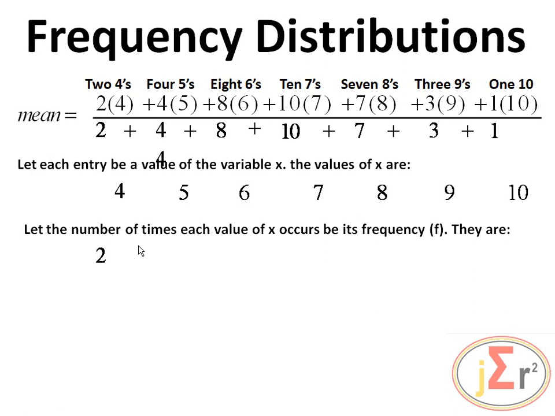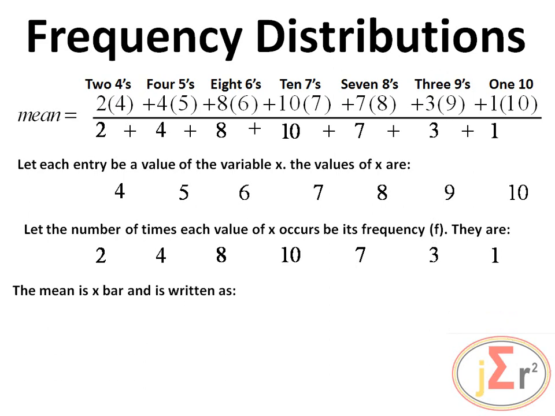Right. And we have 4 5s, 8 6s, 10 7s, 7 8s, 3 9s, and 1 10. So those are the frequencies. Those numbers tell us how many times their respective item occurs.